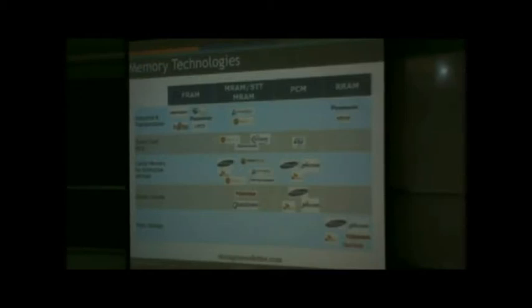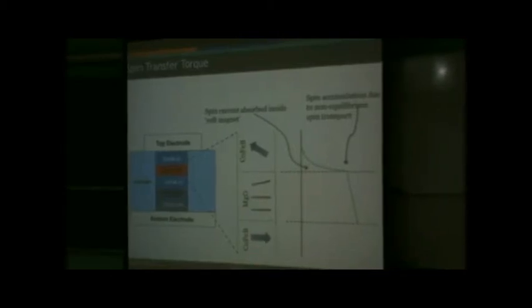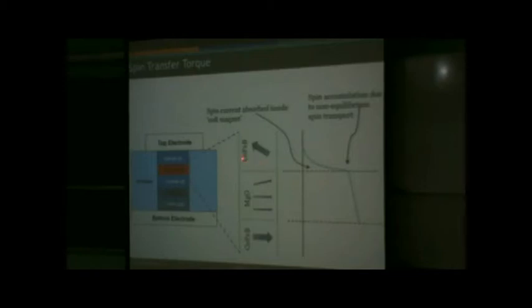So if we look into the physics a little bit of how this device works, you can see that it's mostly by generating spin current. So this is the fixed magnet. When I put a current from top to bottom, electrons are going from bottom to up. These spins will come into this soft ferromagnet.